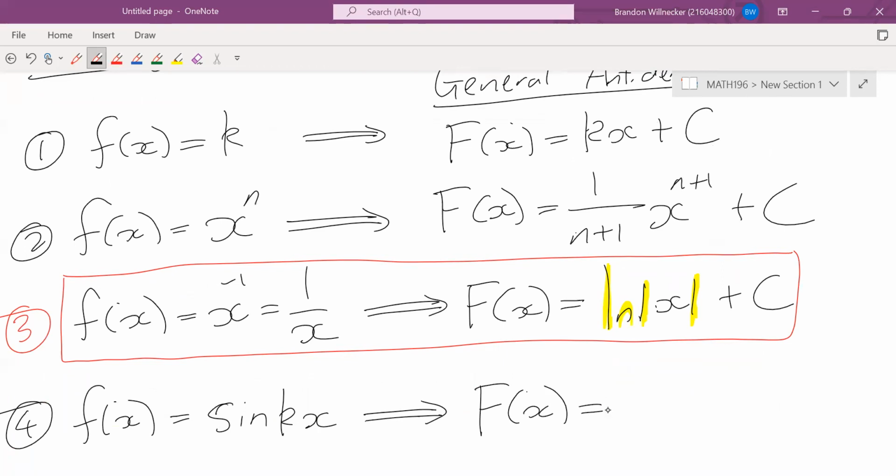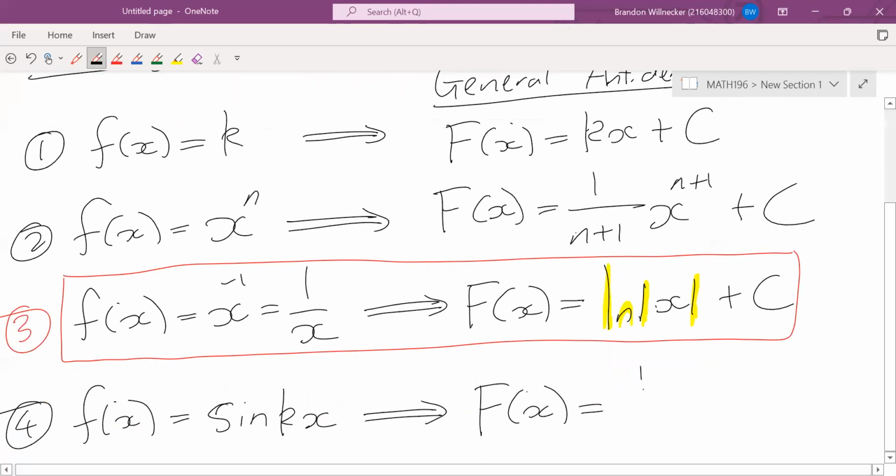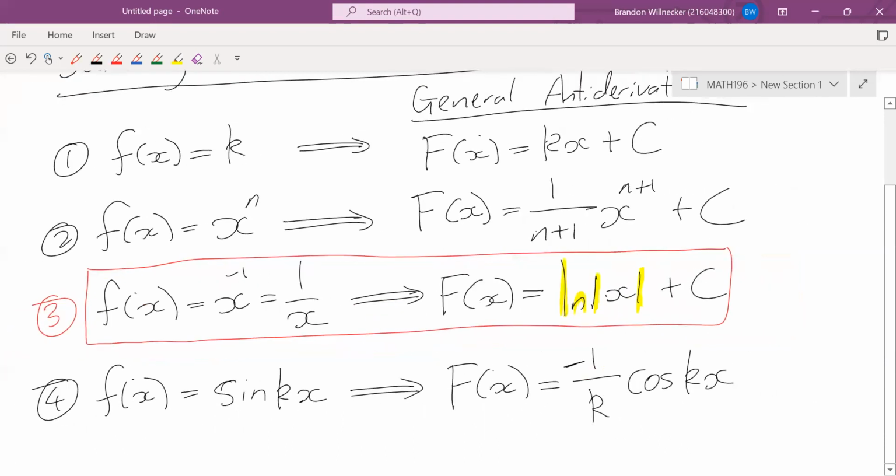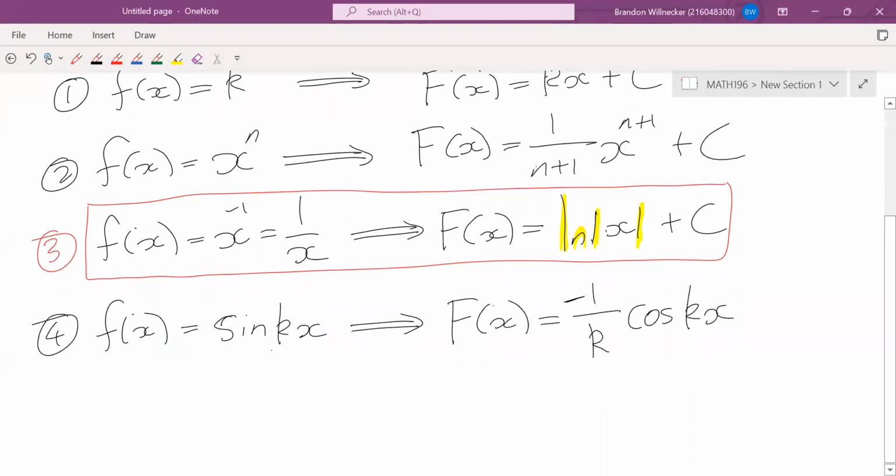Okay, the antiderivative of sine is minus cosine, but we've got this extra factor of k, so it's going to be 1 over k with the minus sign, cos kx. Okay, much like if we have an exponent, we divide by the exponent. If we have a multiple like this, sine kx, you divide by that multiple. Okay, and then sine becomes minus cosine.